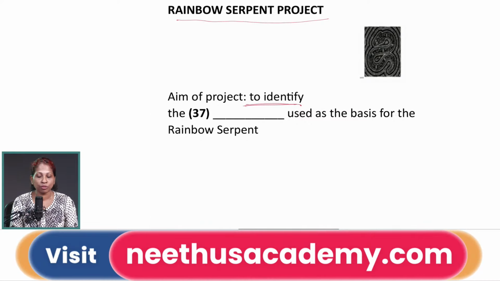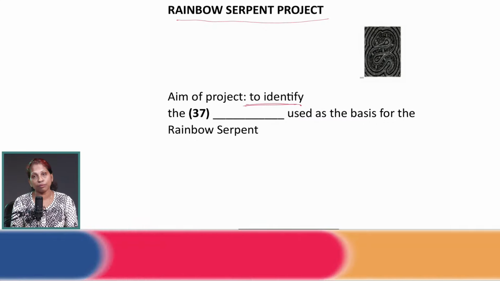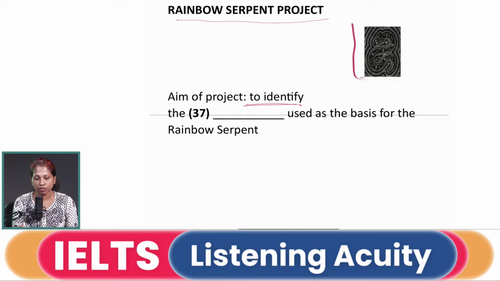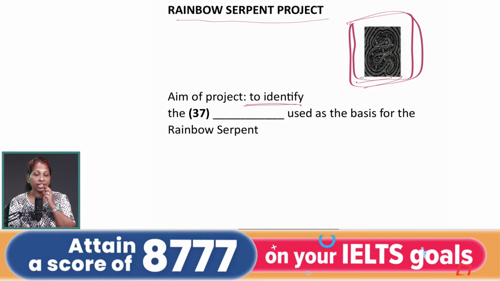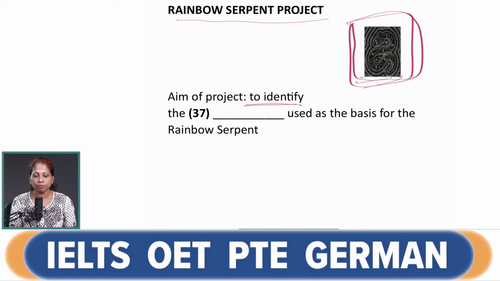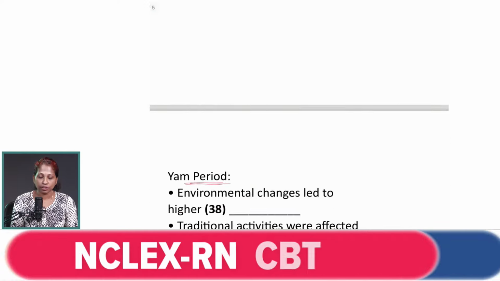What is the aim of the project? The aim is to identify the dash used as a basis for the rainbow serpent. Now with this thing which has been drawn, what is the basis of this picture? That is what they are trying to identify as the aim of the project. What made them draw this painting? That is what they are trying to find out.